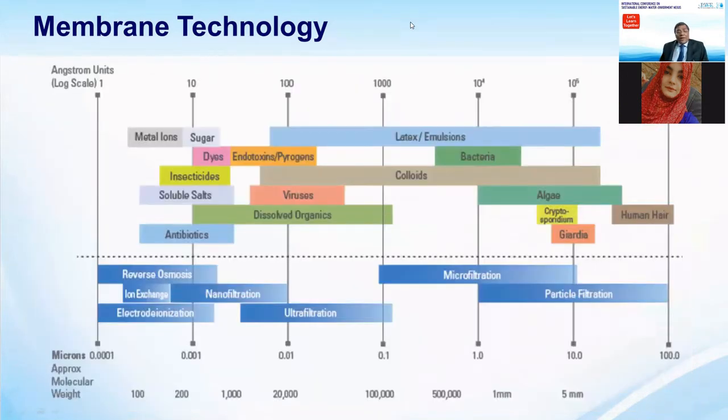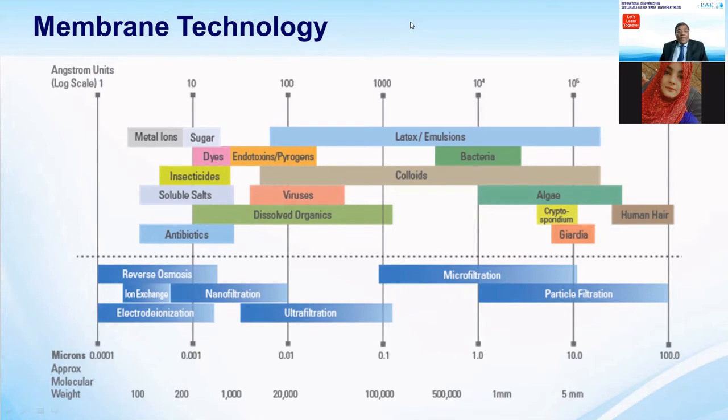From this slide, you can see on the bottom side the molecular weight: 100, 200, 1,000, 20,000, 100,000, 500,000, and it shows where the RO membranes are used, where the nanofiltration membrane and where the ultrafiltration membrane are used.